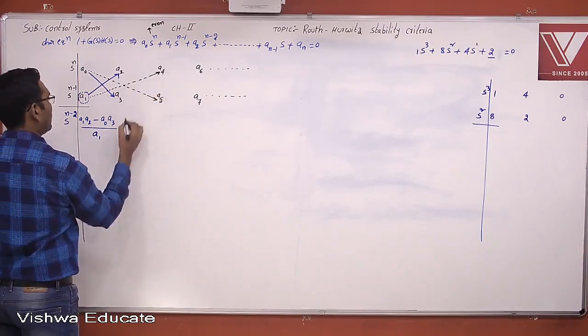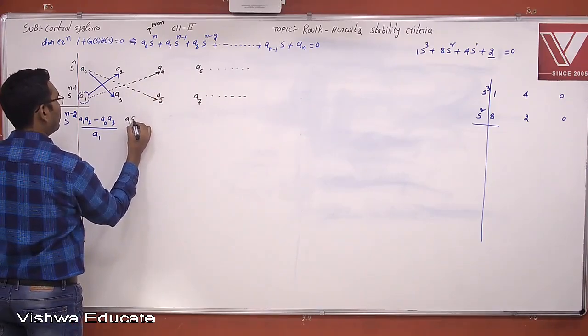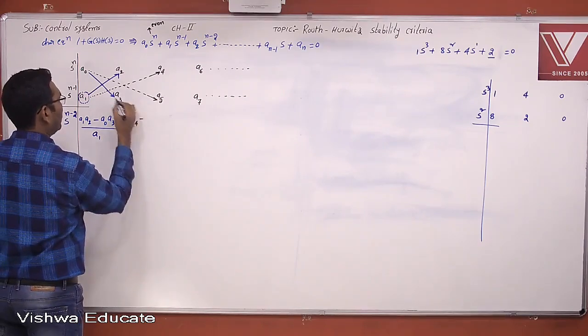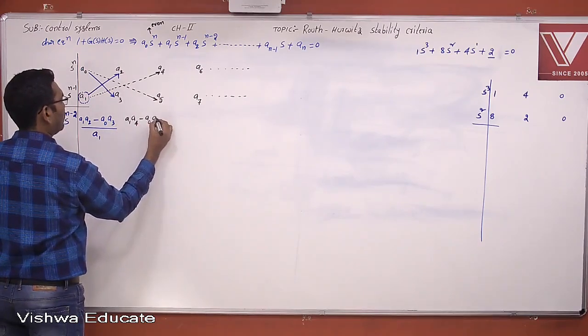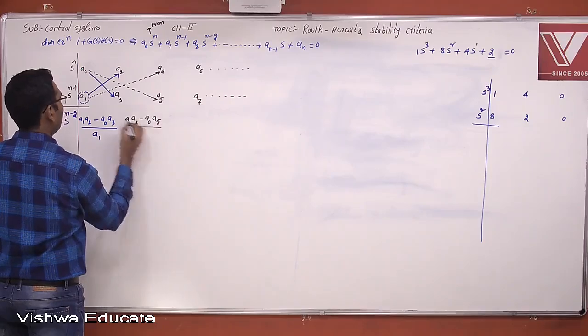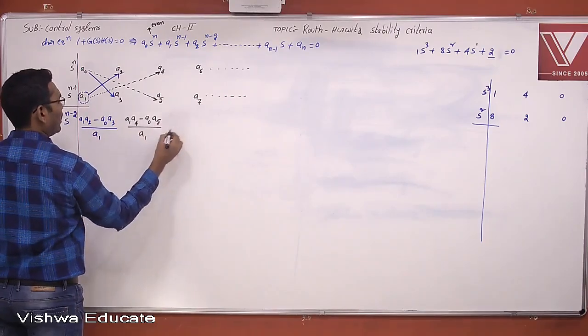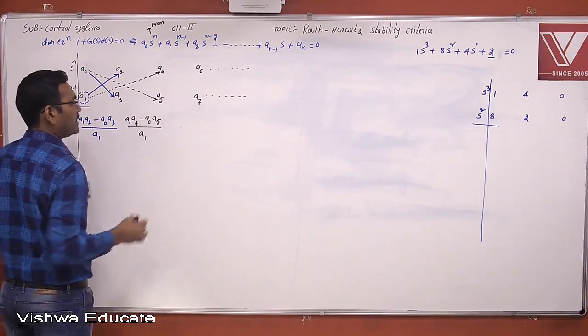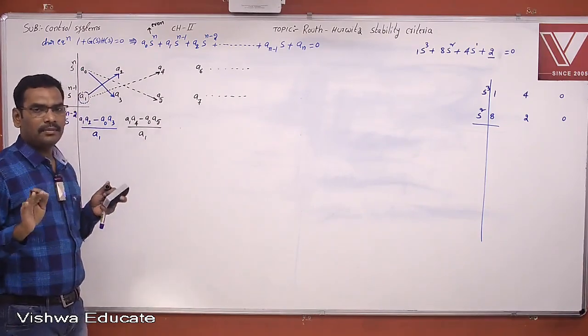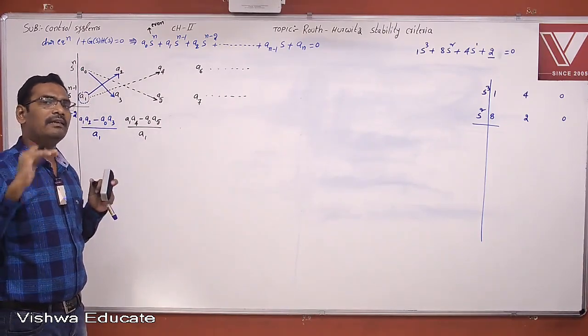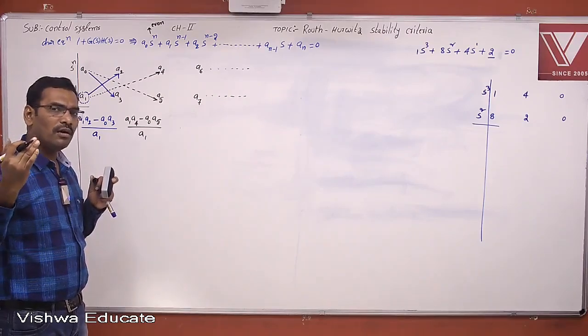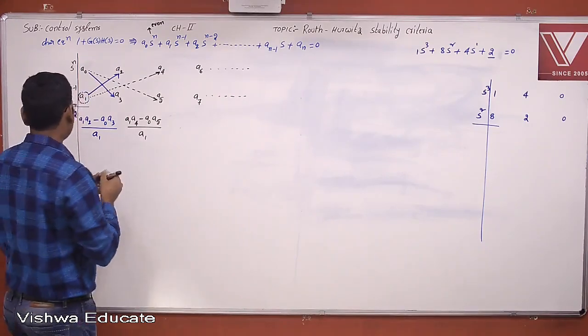So what is the tail and head product? A1 A4 minus A0 A5 by A1. Every time, the third row quotients are found from the second row, and the reference element is the first element.